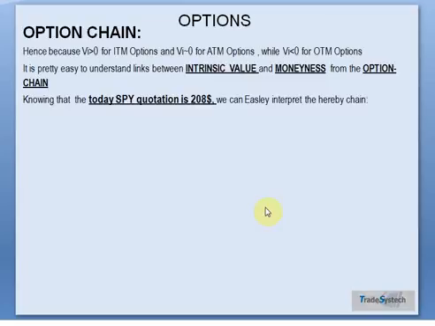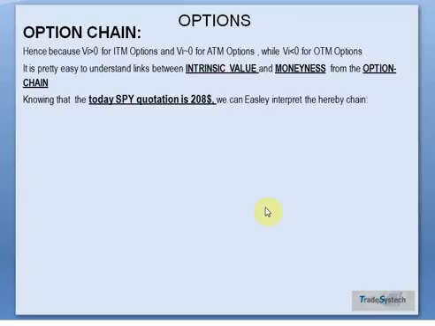Every broker, every trading platform provides an area where there is a chain of option prices. Let's try to see how this intrinsic value changes by comparing the underlying price with the strike. Let's make an example.